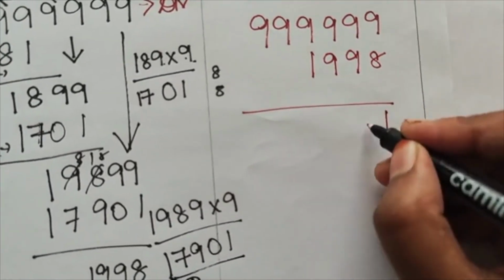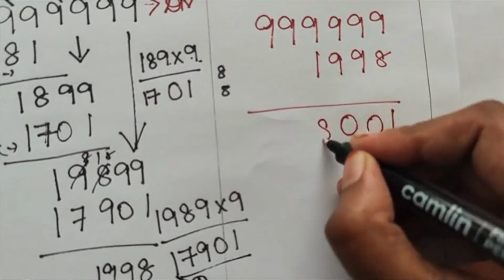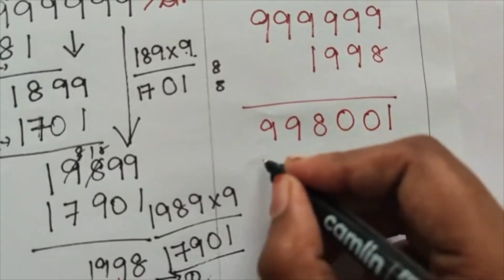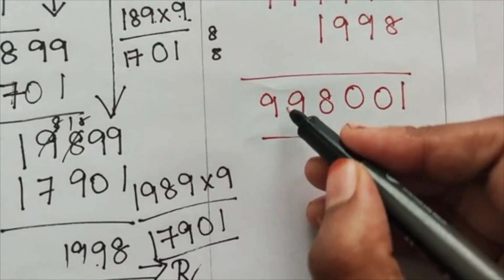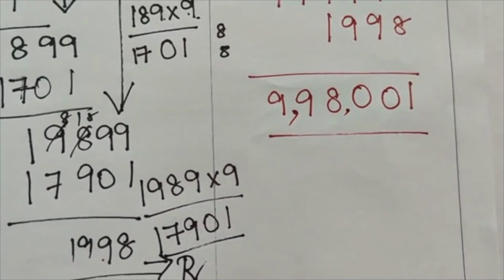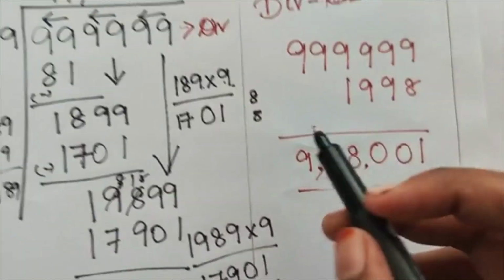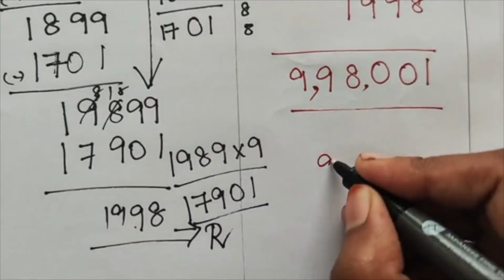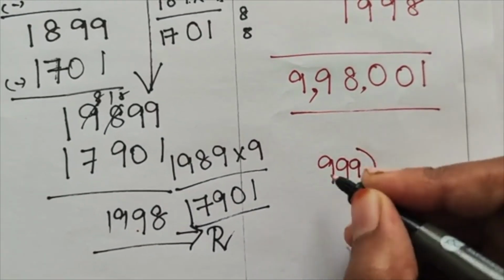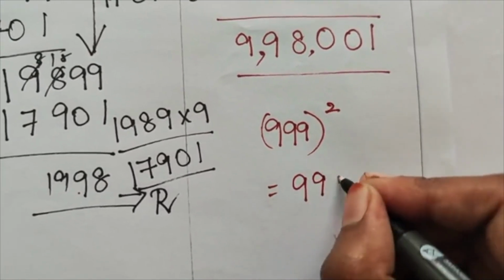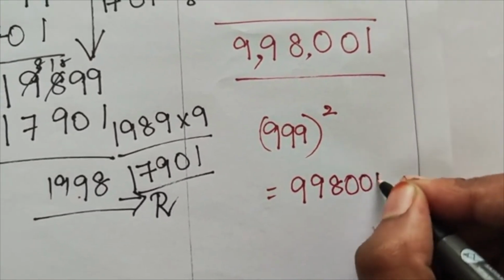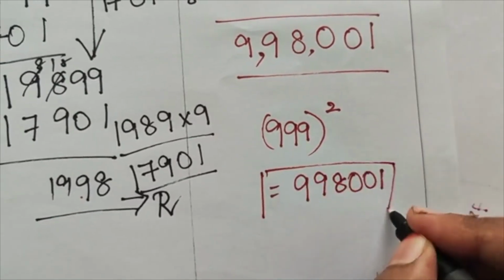Subtracting these two, the largest 6-digit number which is also a perfect square is 9,98,001. This is nothing but the square of 999. So 999 whole square. The answer is 998,001. This is the final answer.